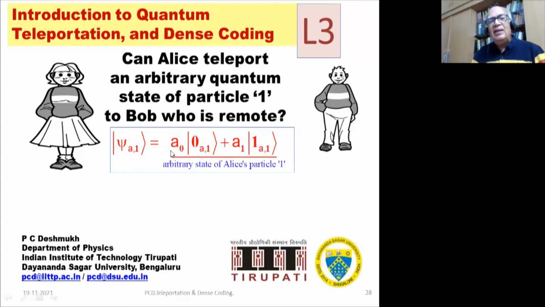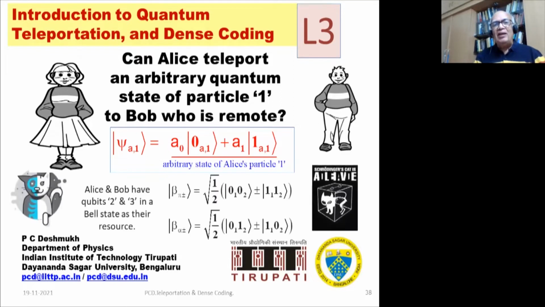And she succeeded in teleporting this information to remote Bob, but they began with a certain resource. They started out with two other qubits, qubit number 2 and qubit number 3, which were in a Bell state, and they used that. And then subsequently, Alice also used a classical channel to communicate some information.